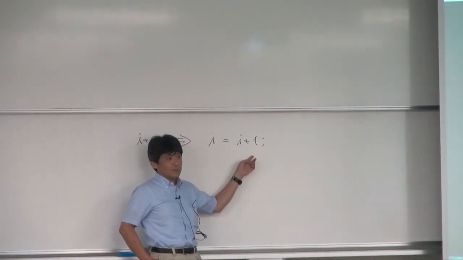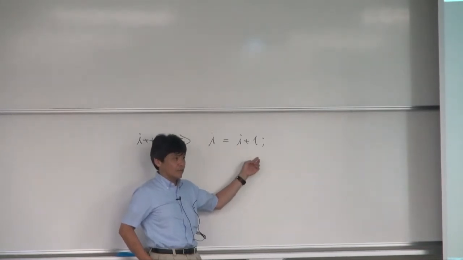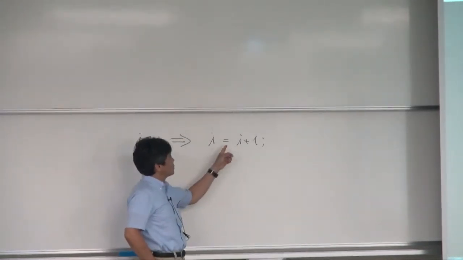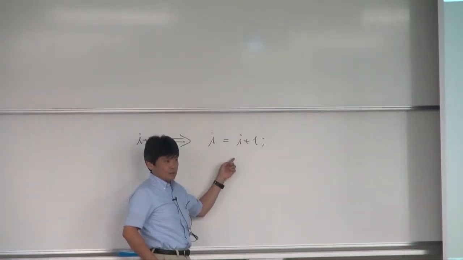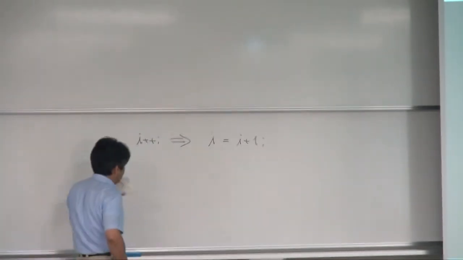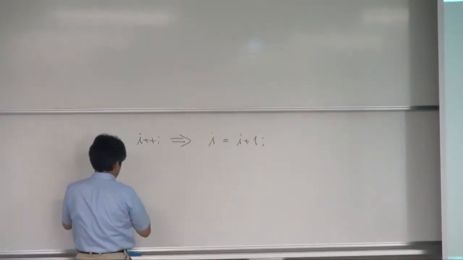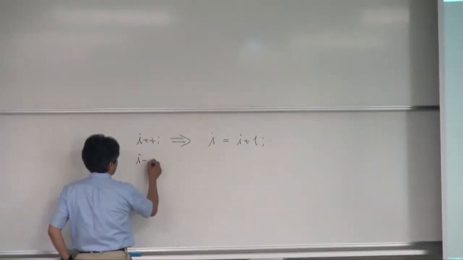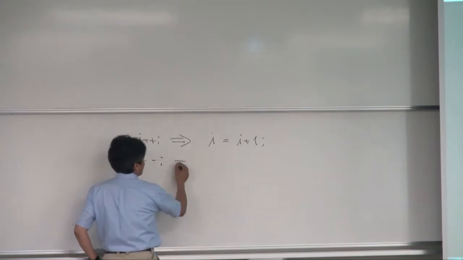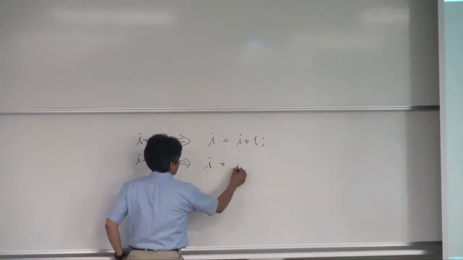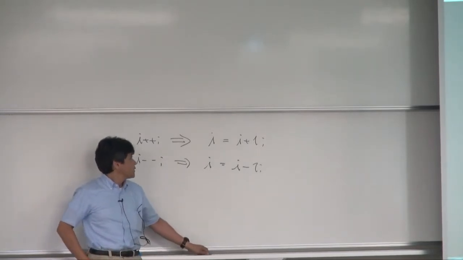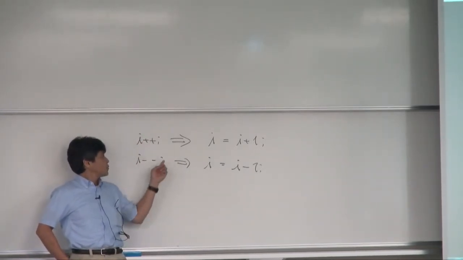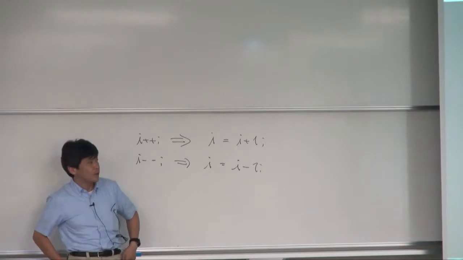However, in the C program, this is correct, because the equal character is treated as a substitution operator. Okay? Similar to this, i-- means i equal i minus 1. So this is the increment, and this is the decrement.